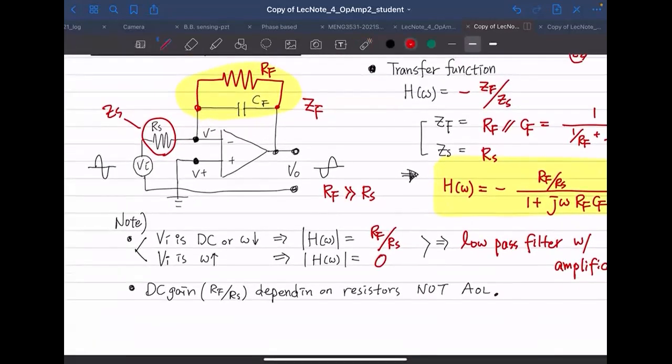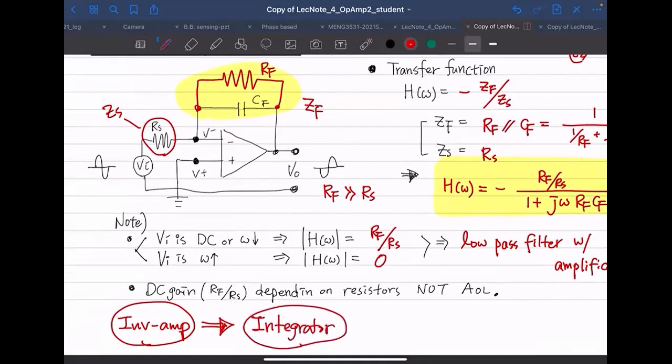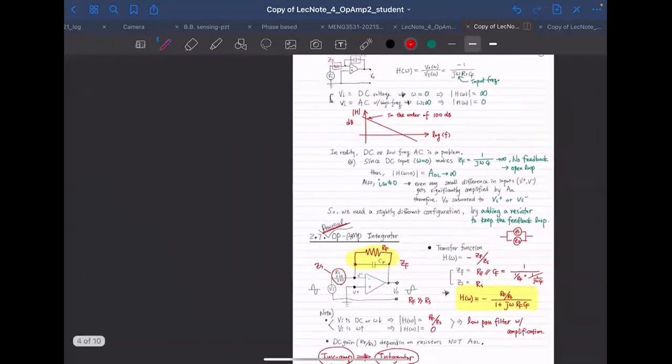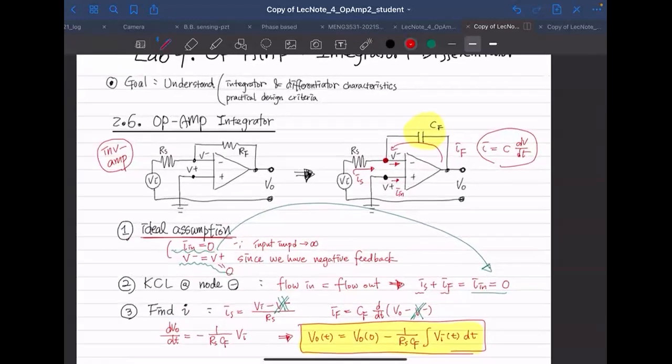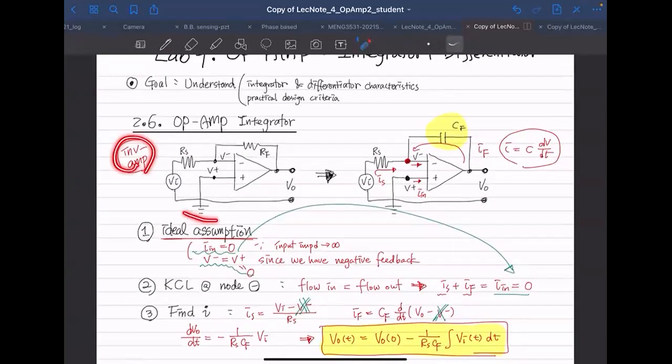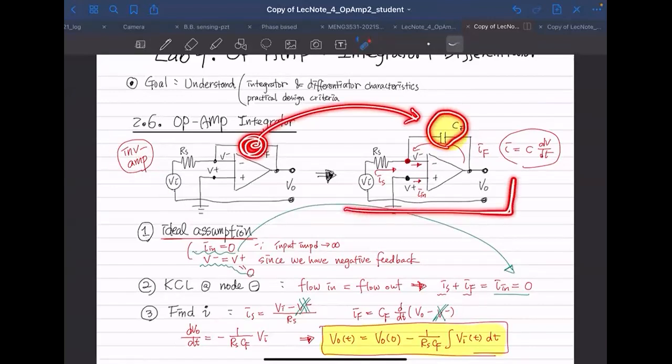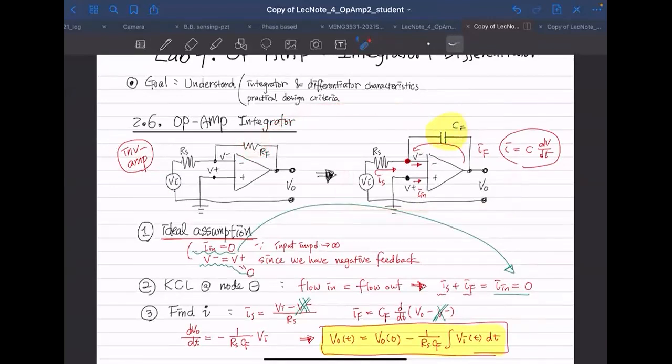The storyline was we had an inverting amp first, and from there we created an integrator by just swapping a resistor to a capacitor. So we had an inverting amp like this, and we swapped this resistor into a capacitor, and from here it's an integrator, right?